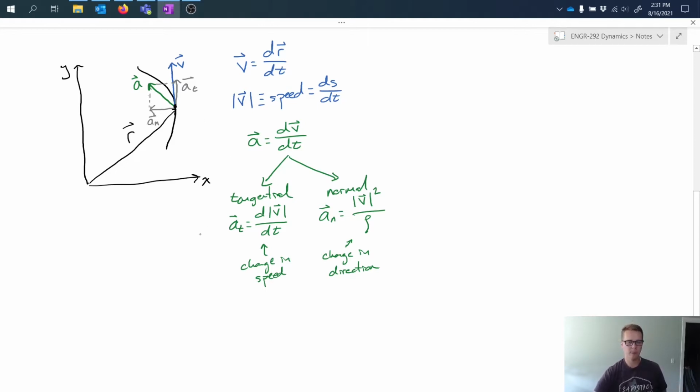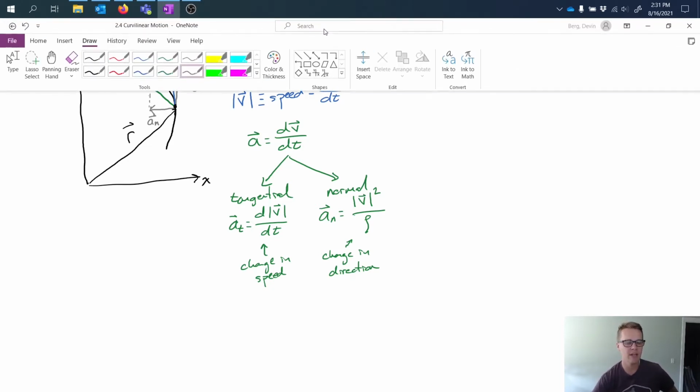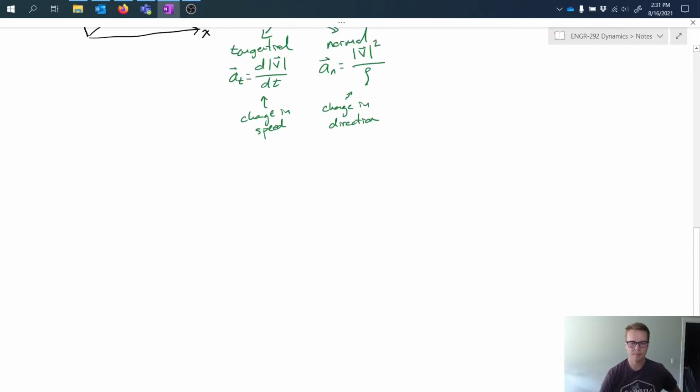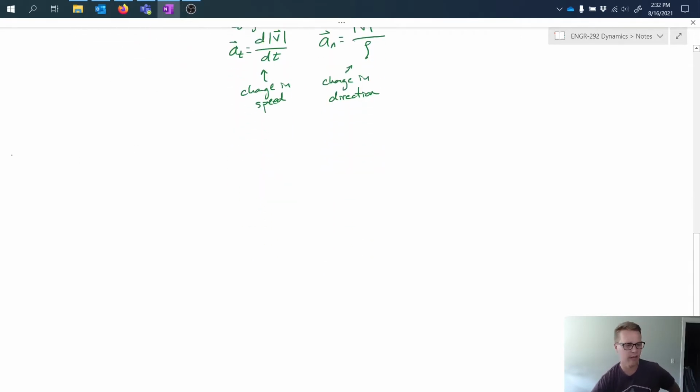Okay. Now I very briefly just want to mention a kind of useful and, let's say, common application of curvilinear motion in general, and that is projectile motion. It's kind of a special case, a little bit of a simplification in most cases. But again, because it's so common, it warrants a little bit of discussion. So projectile motion means that, let's define a ground plane here.